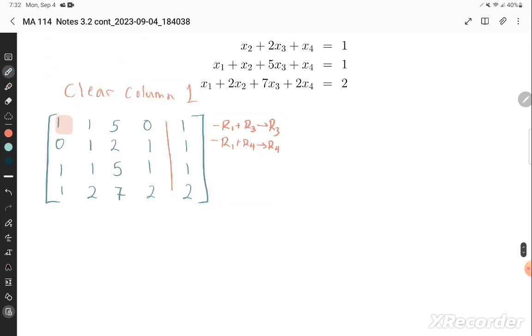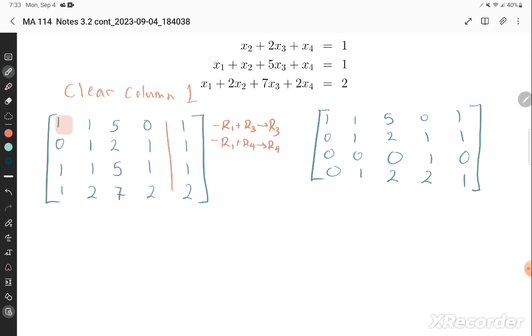So let's go back. Our first row remains unchanged: 1, 1, 5, 0, 1. The second row already has a 0, so it remains unchanged: 1, 2, 1, 1. Now the third row is going to be 0, 0, 0, 1, and then 0. And then our fourth row is going to be 0, 1, 2, 2, and then 1.